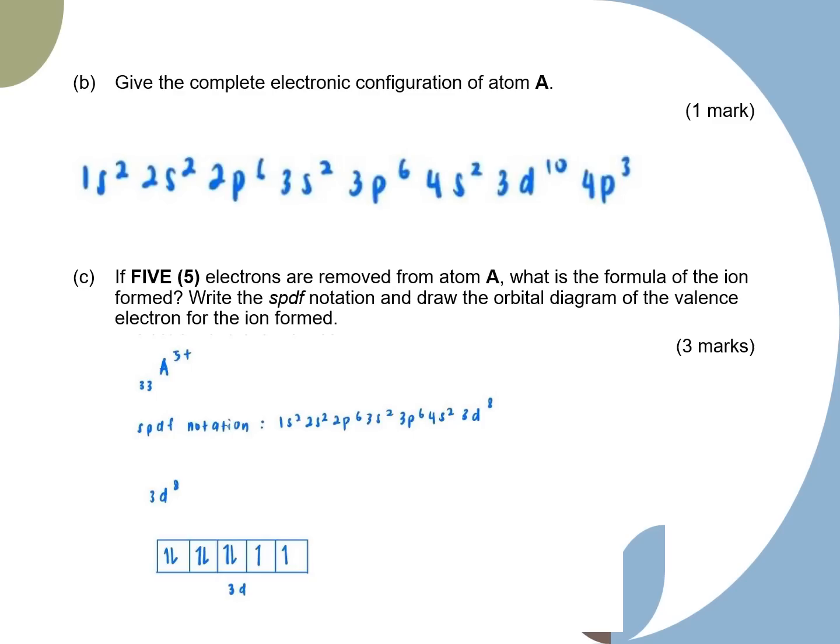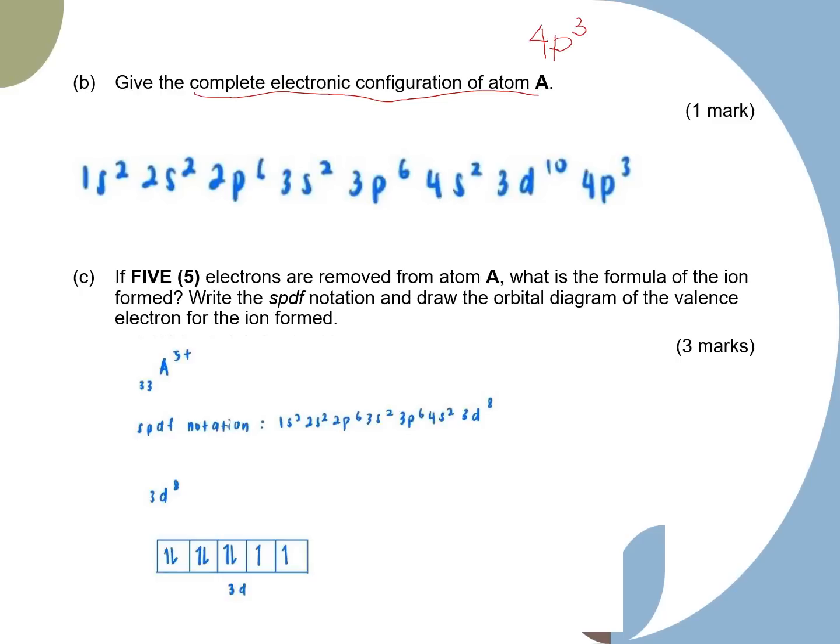Alright, next, we want to write the complete electronic configuration of atom E. We know from the previous question that there are 3 electrons in the highest energy orbital, which is 4p3.